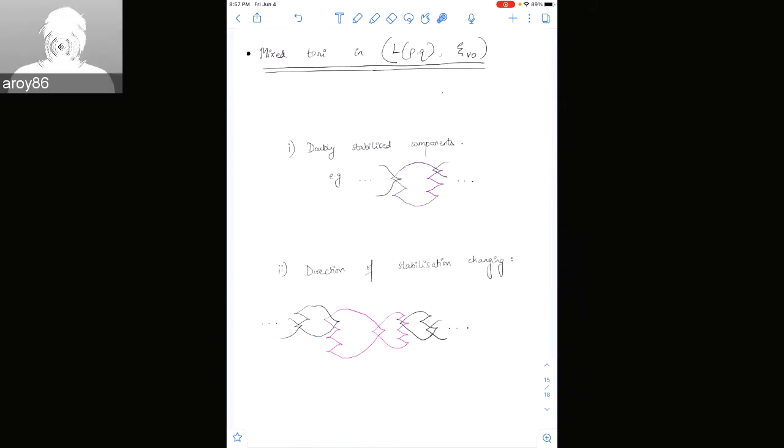With that as the background setup, let's now move on and try to understand the fillings of virtually over-twisted lens spaces. Let's first identify the mixed tori that show up in virtually over-twisted lens spaces. As we mentioned, a virtually over-twisted lens space is described by a linear chain of unknots, and what you'll always see in them are stabilizations either going in different directions or knots that are stabilized in both directions, such as this.